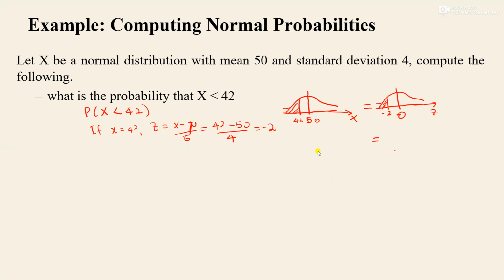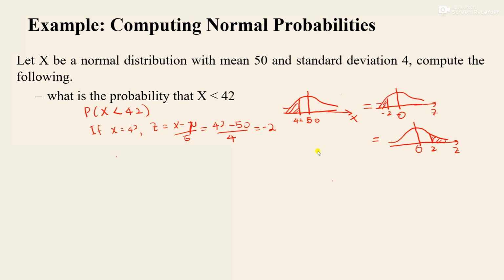So this is equivalent to 0. It is positive 2. So now this left tail area is equal to this right tail area. Right?